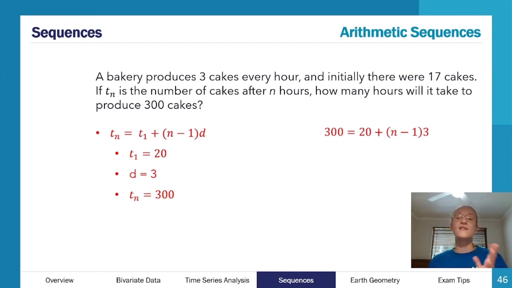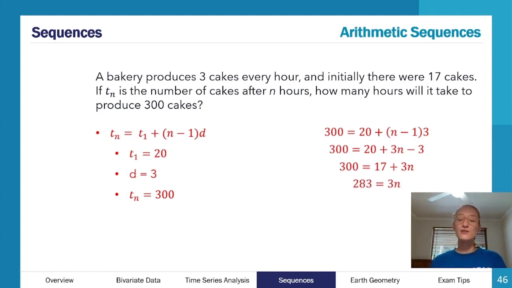So what I've done, I've substituted into my formula. I've expanded my brackets. 3 times n and 3 times negative 1 will give me plus 3n, take 3. And then I've simplified by doing my 20, take away my 3. I've collected like terms. I want to isolate n, so I've taken away 17 from both sides, and I've divided both sides by 3.